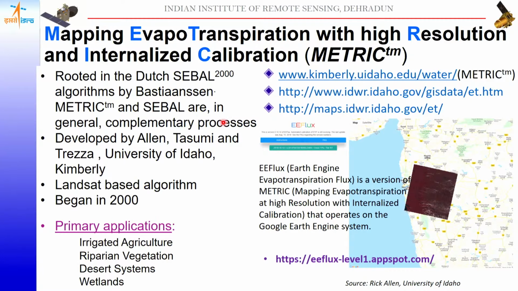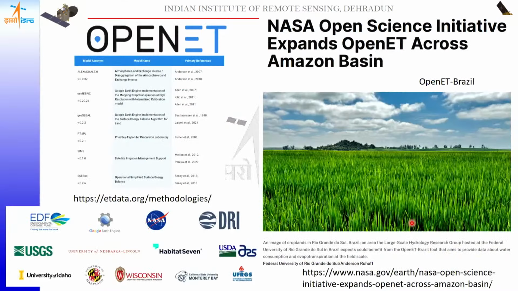And this is one of the models, SEBAL, mapping ET using high resolution internalized calibration, which is available in the Google Earth Engine, and it is a combination of both models. For any cloud free image on a global scale, this can be used.